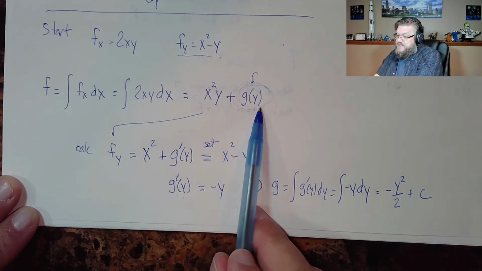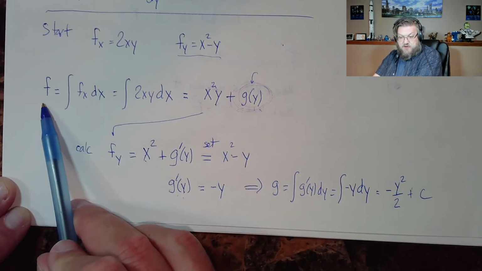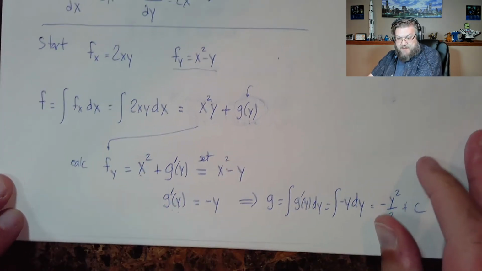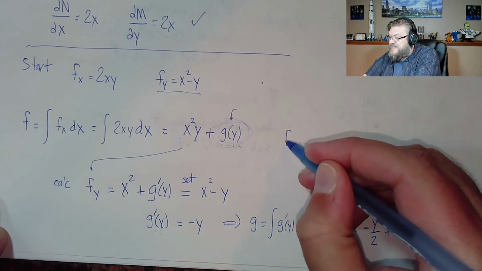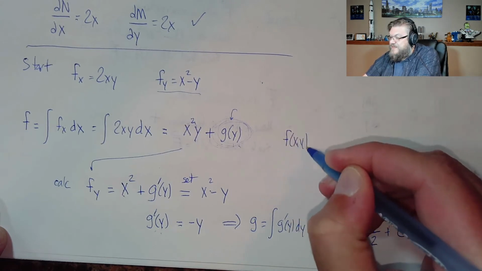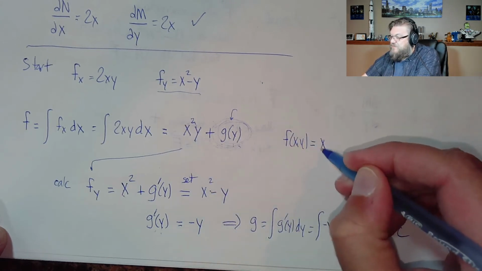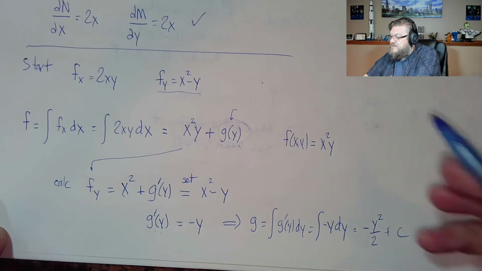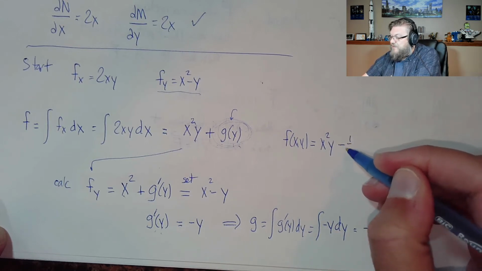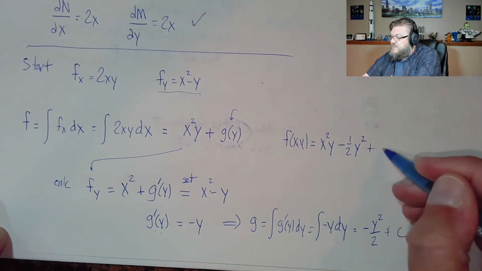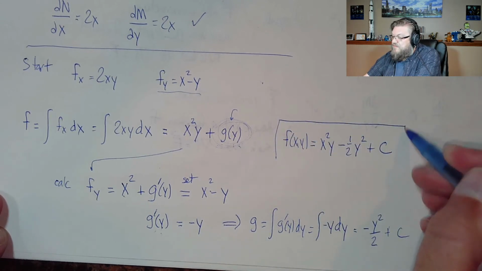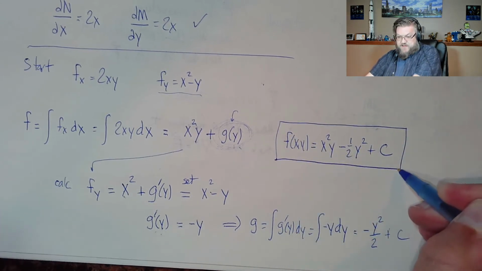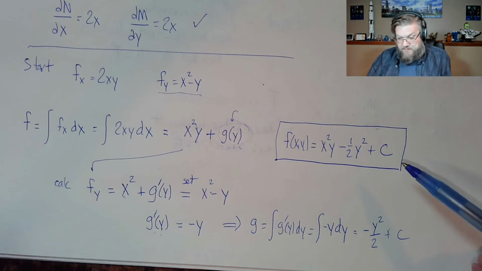That means I know what this is, which means I now have a complete story for little f. Let's recap and write what I got. What I'm going to say here is that little f is this function. It's x squared y plus a minus 1/2 y squared plus c. That's my potential function. How can I check?